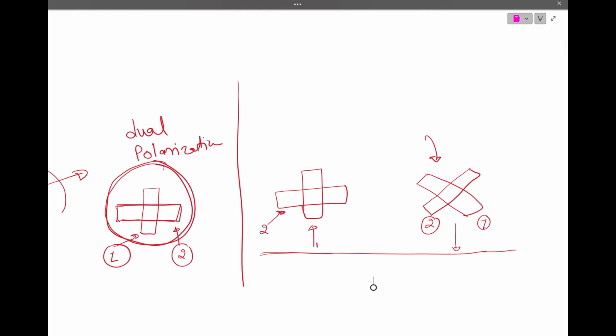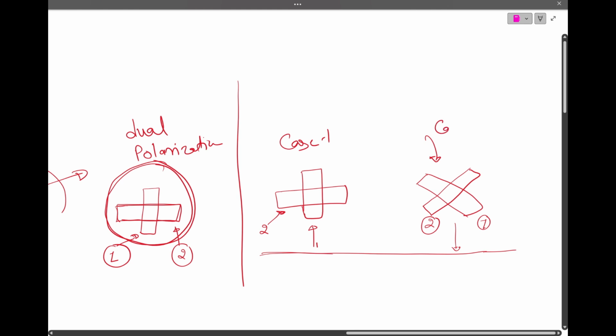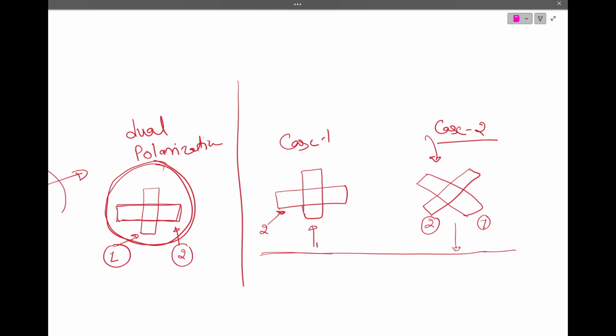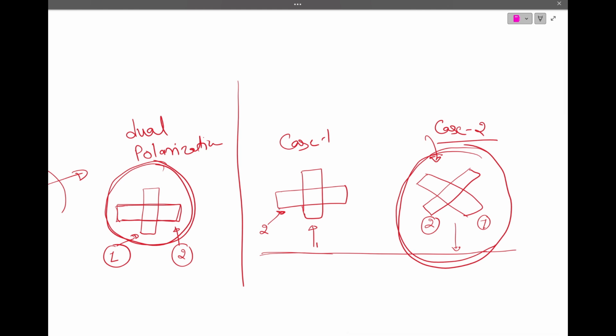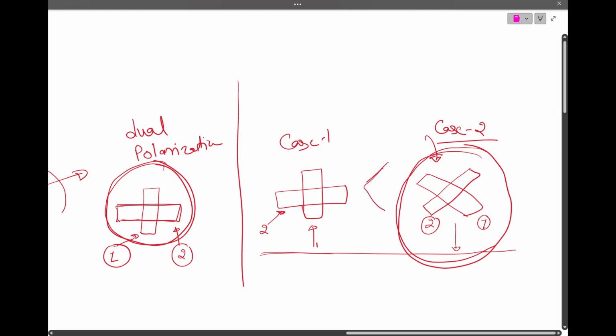If you compare case 1 versus case 2, these two orientations, what we have seen is that case 2 gives symmetrical performance, uniform coverage and less cross polarization interference compared to case 1.